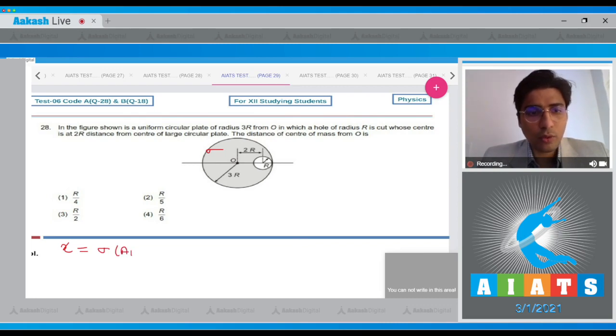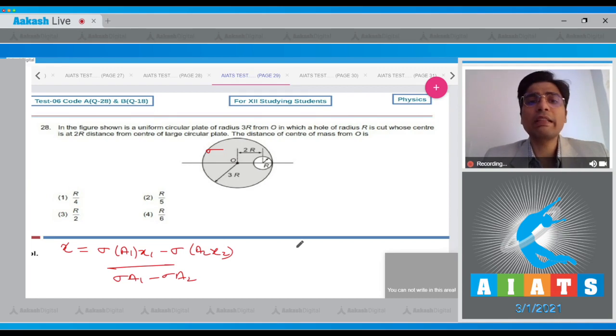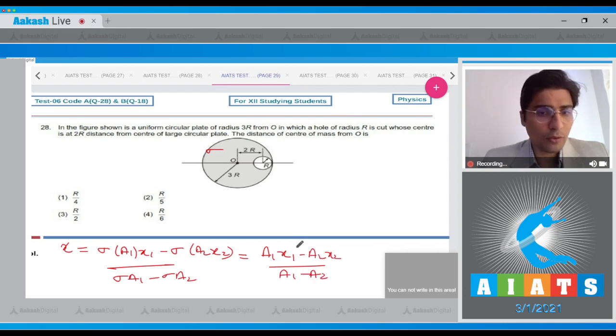sigma into A1 into x1 minus sigma into A2 into x2 divided by sigma A1 minus sigma A2. We have assumed that the density of this cavity is minus sigma. A1 and A2 are the areas of the total plate and the cavity. So from this we find out that the answer will be (A1 x1 minus A2 x2) by (A1 minus A2).